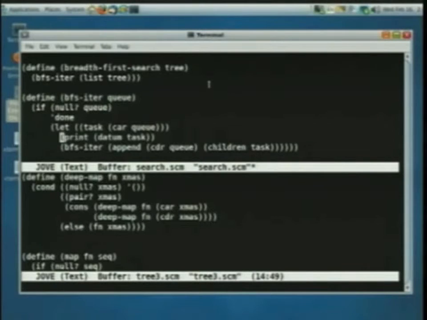Sadly, the number of possible board positions in chess is, I think this is true, greater than the number of atoms in the universe. So we aren't ever going to construct that tree in its entirety. And instead what happens is you build that tree breadth first to get as deep as you can before you run out of time.